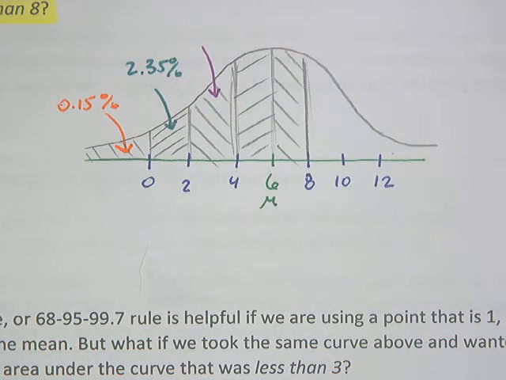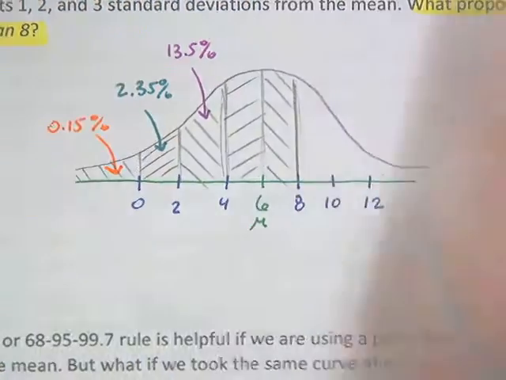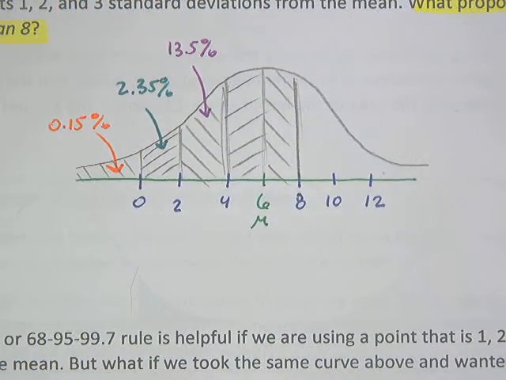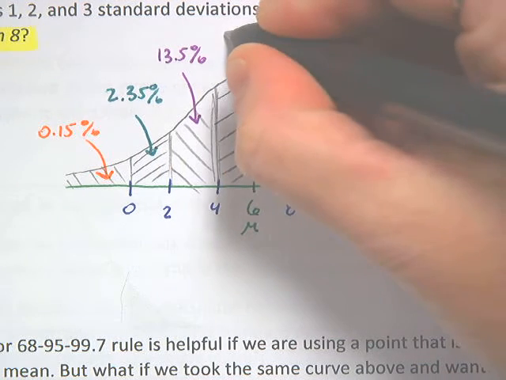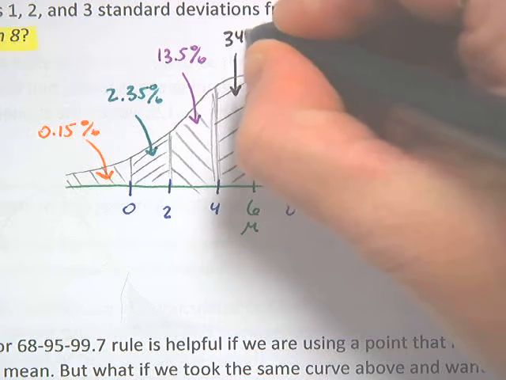What about between 1 and 2 standard deviations of the mean? 13.5. And then the 2 in the middle there are 34 and 34.